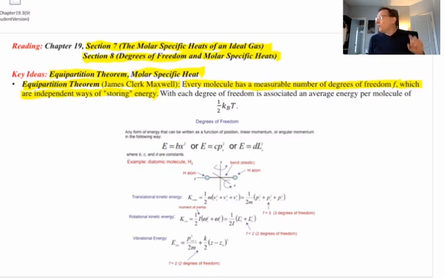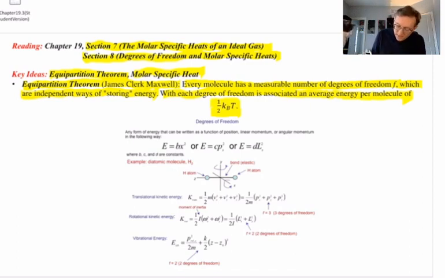Okay, so we'll have to know how many degrees of freedom a molecule has. That will be important in the equipartition theorem, because the theorem says, here's the actual statement of the theorem. With each degree of freedom, there is an average energy per molecule of, that's a very famous result I just highlighted there, 1/2 times that constant kB.